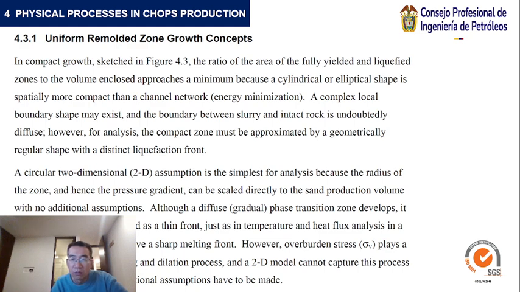However, overburden stress plays a major role in the destabilizing and dilation process, and a 2D model cannot capture this process in a regional manner, so additional assumptions have to be made.